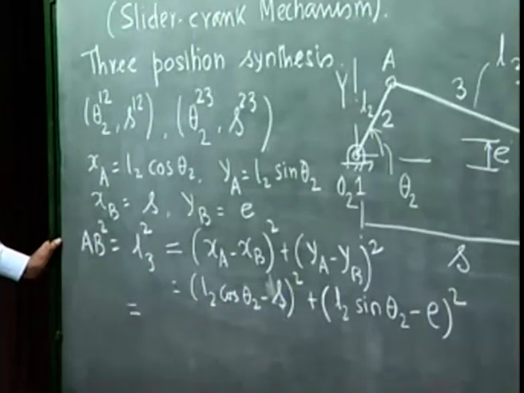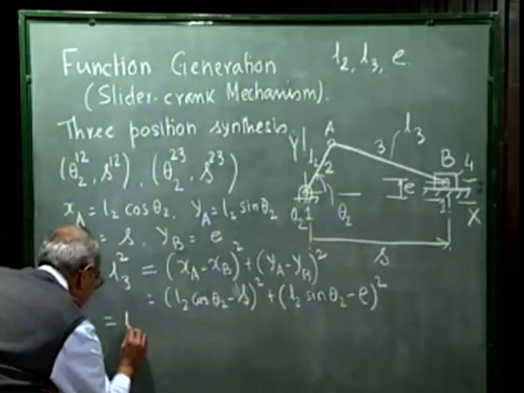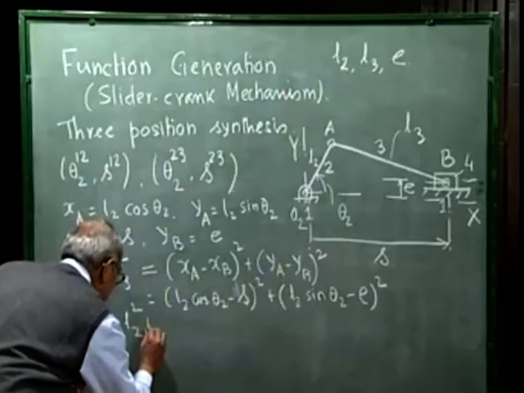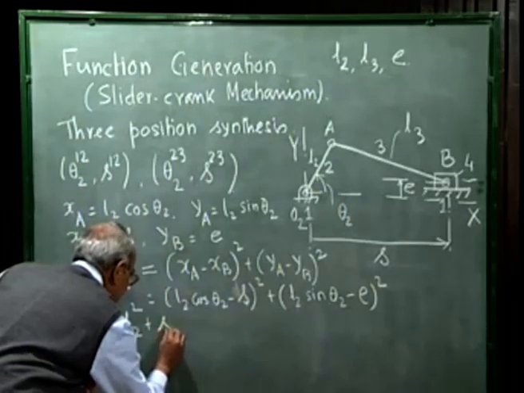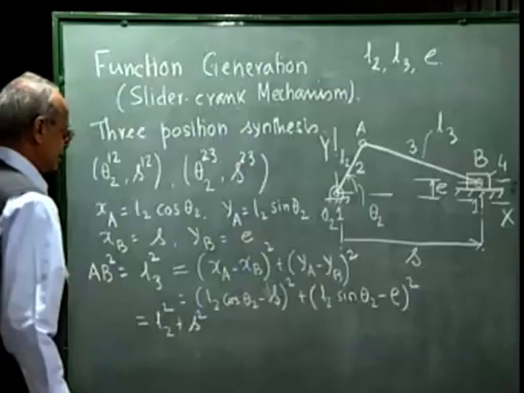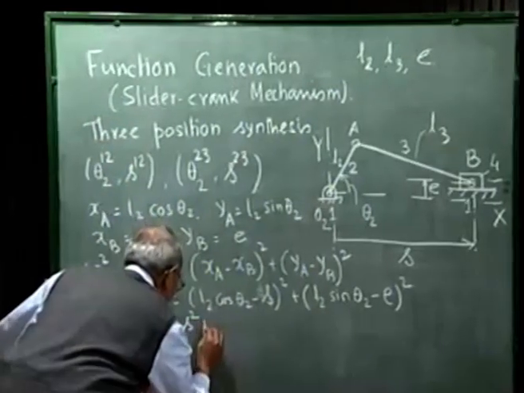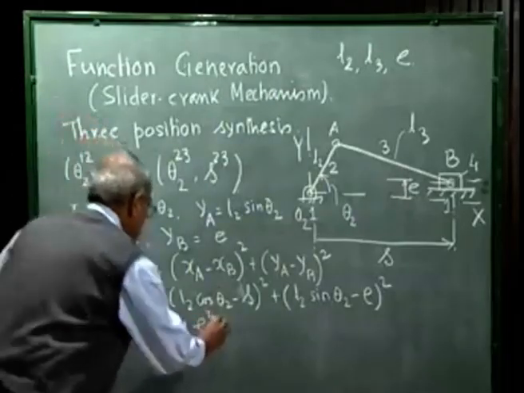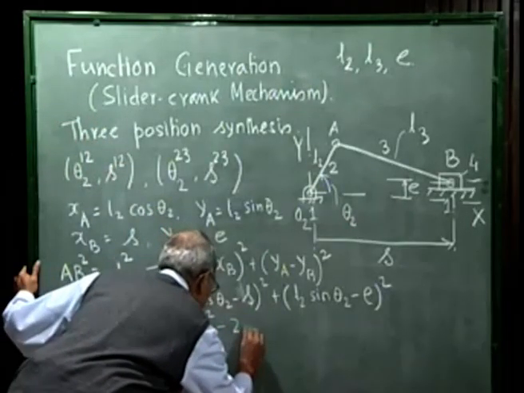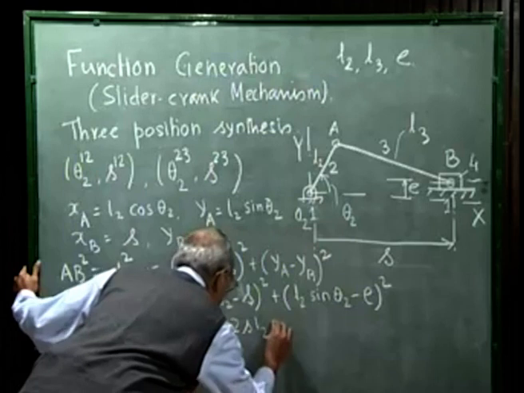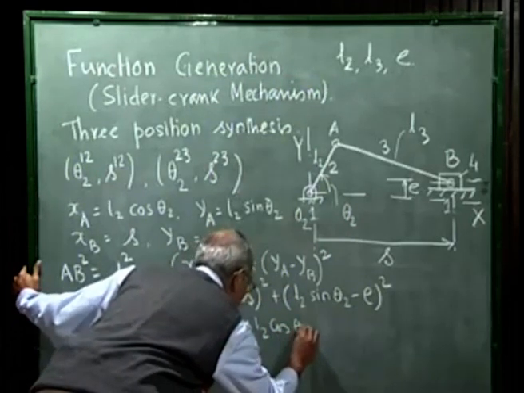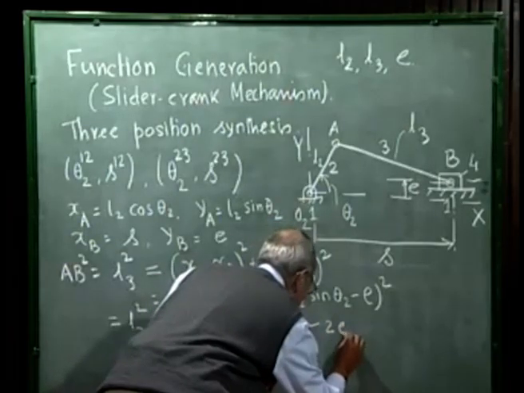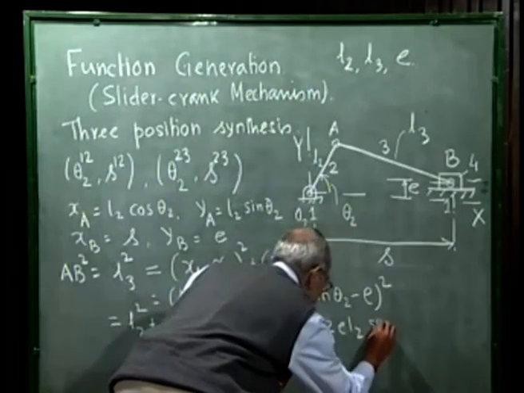If we expand this, we get L2 squared plus S squared plus E squared minus twice S L2 cosine theta 2 minus twice E L2 sin theta 2.